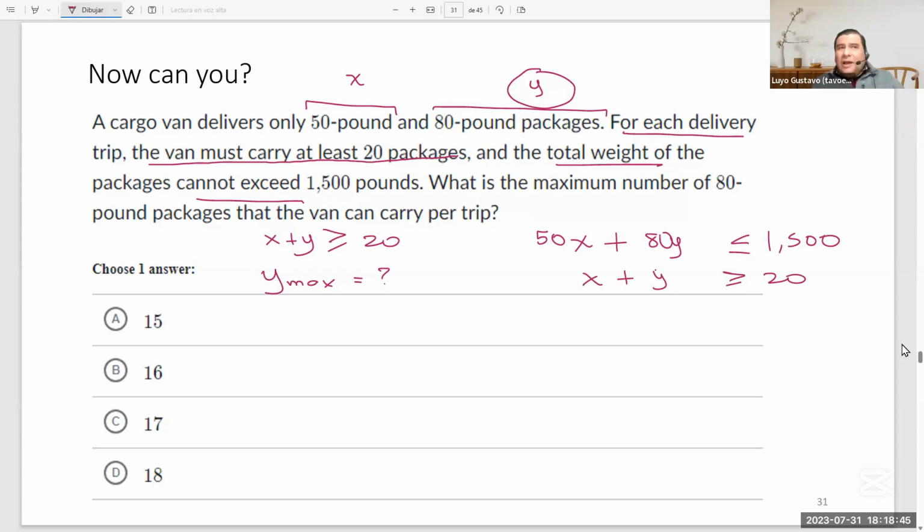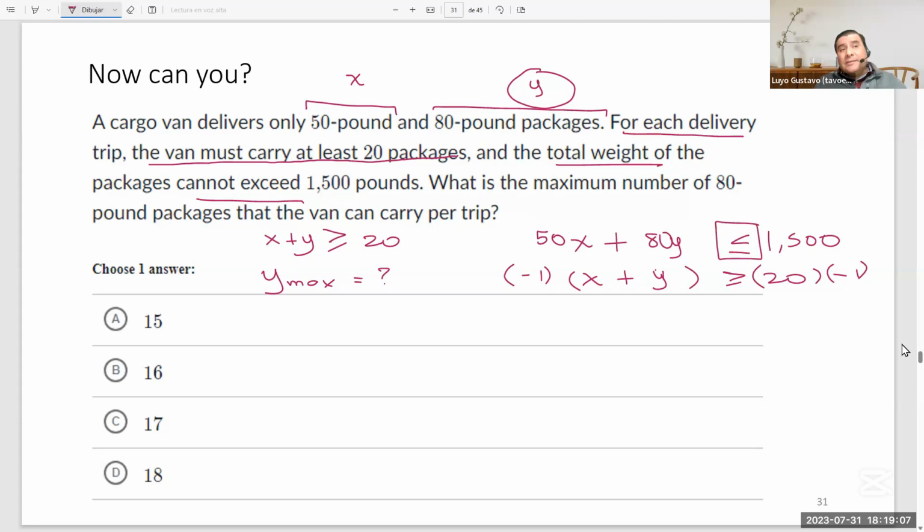How can I combine these inequalities? They don't have the same inequality symbol. But what if I multiply this inequality by -1? What would happen to the inequality symbol now? It would change and would align with this one.